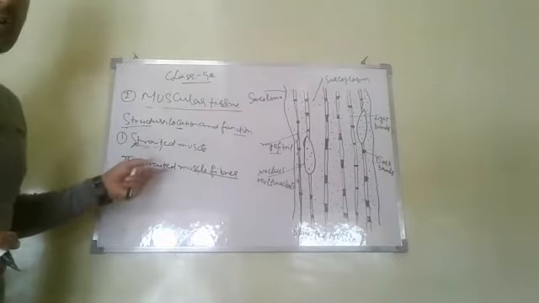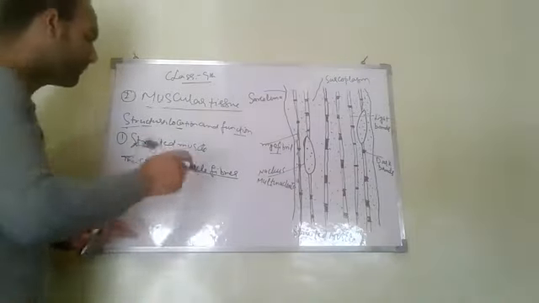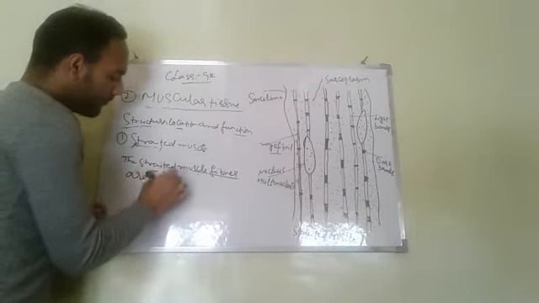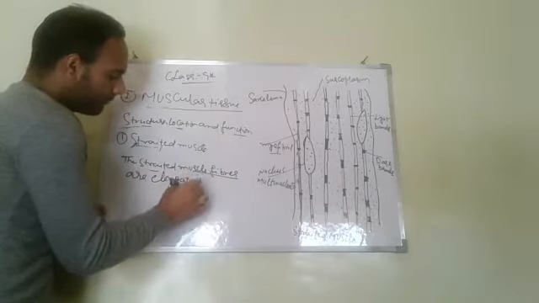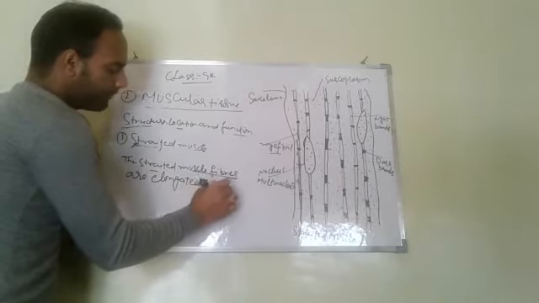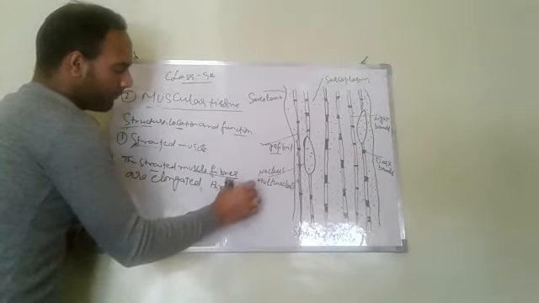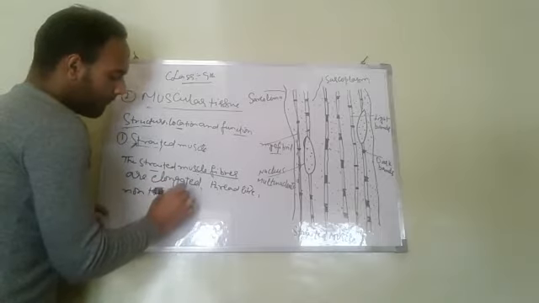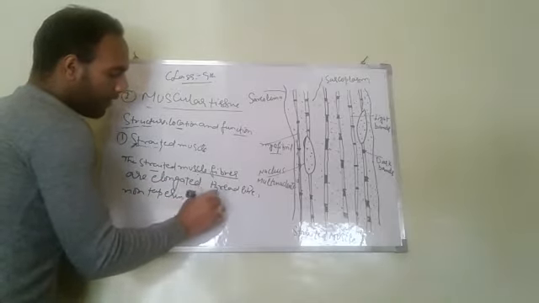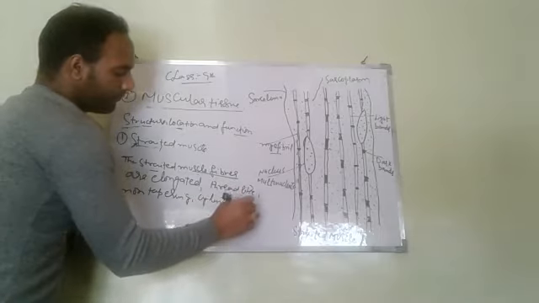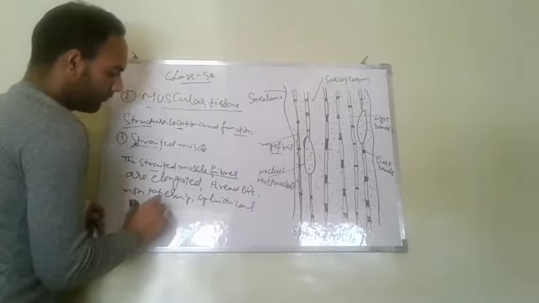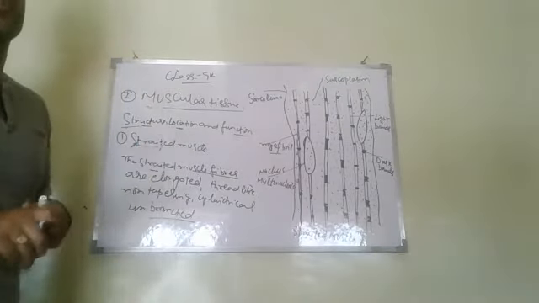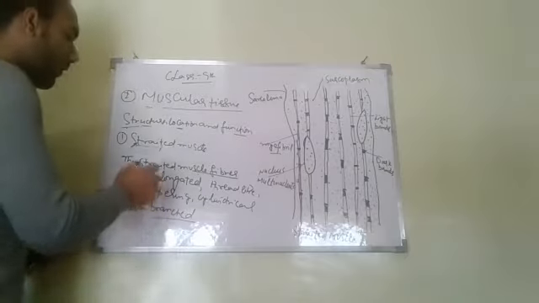The striated muscle fibers are elongated, thread-like, non-tapering, cylindrical, unbranched. Now, what are these striated muscle fibers?